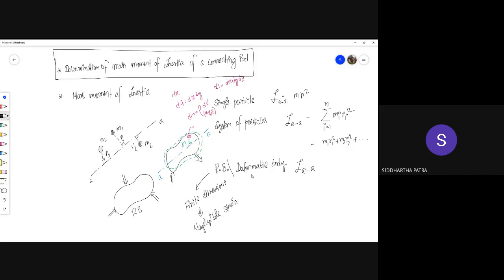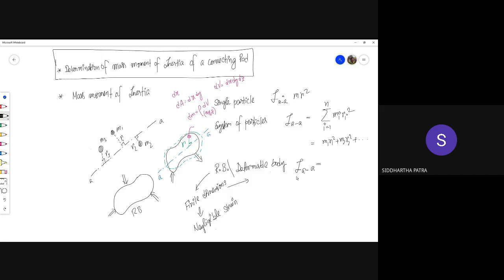So this is the definition of the mass moment of inertia with finite dimensions. Both of these have finite dimensions, but for the rigid body there is negligible strain, while for the deformable body the strains are finite.